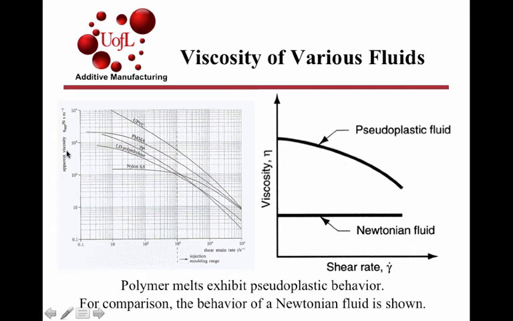Here is a log plot of viscosity as a function of shear rate for various polymers ranging from nylon to polyethylene and so on. You can see the intermediate shear rate region, which is different for different polymers, and the onset of that region where you have shear thinning behavior. Molecular structure and molecular weight all end up defining what the region at low shear rates is and what the nature of the slope is at intermediate shear rates.